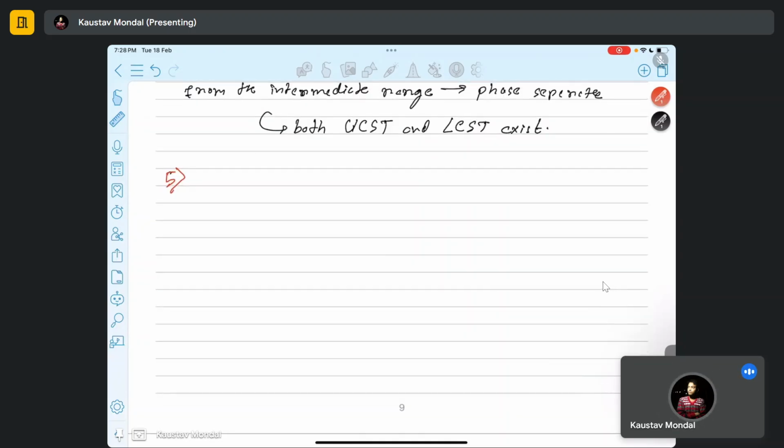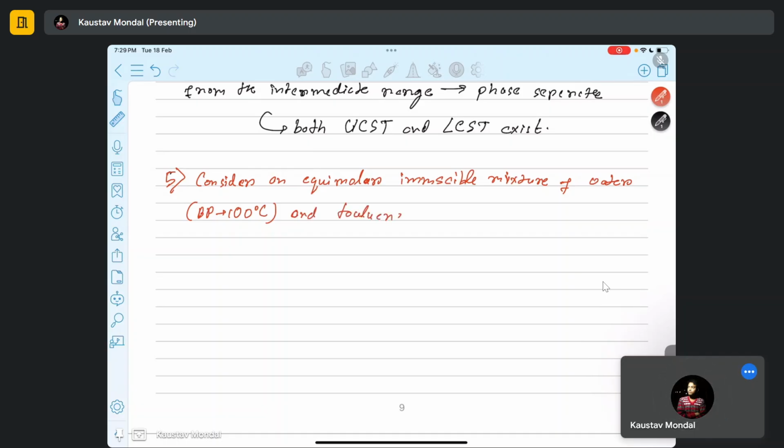So problem number 5. Consider an equimolar mixture of water, which has a boiling point of 100 degrees centigrade, and toluene, with a boiling point of 110 degrees centigrade, and there are some facts given.